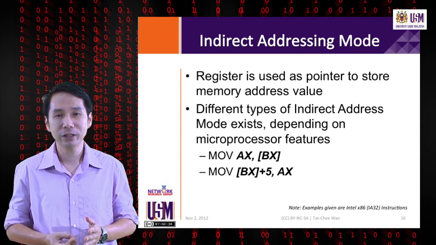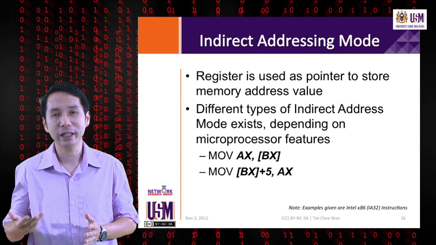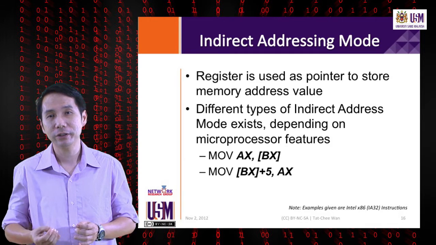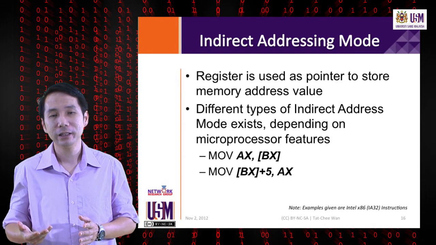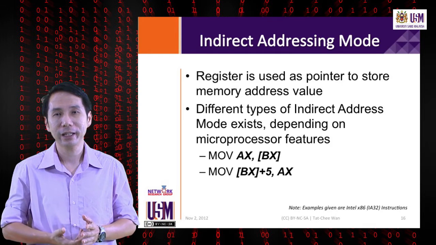In this example here, we have two instructions. Move AX, square bracket BX, copies a value from memory given by the address in BX into the register AX.